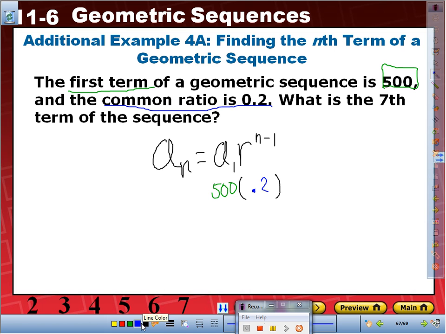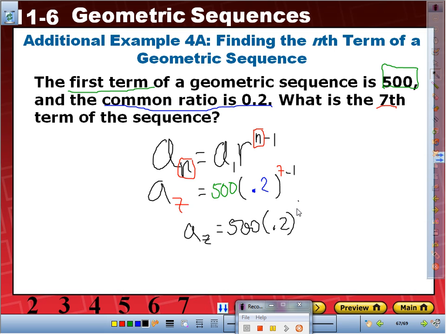Are we there so far? Okay. And which term are they asking us to find? 7. So that goes here, and that goes 7 minus 1. So let's simplify this. This becomes a sub 7 equals 500 times 0.2 to the 6th power.